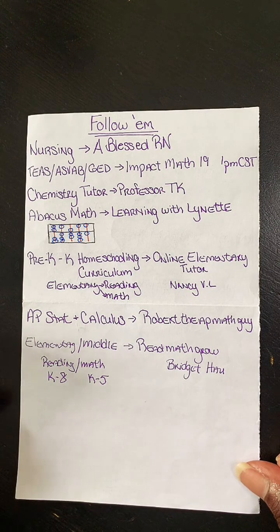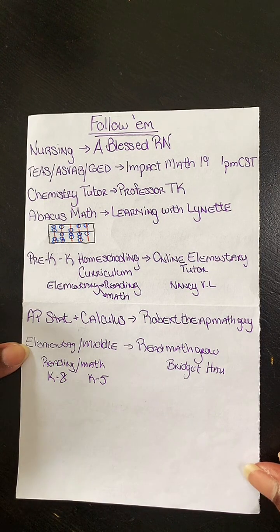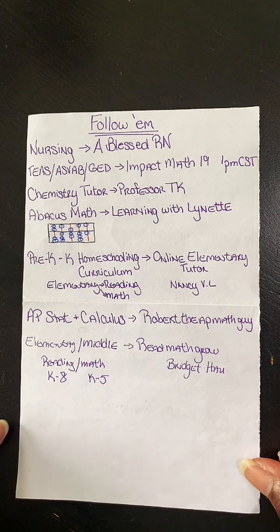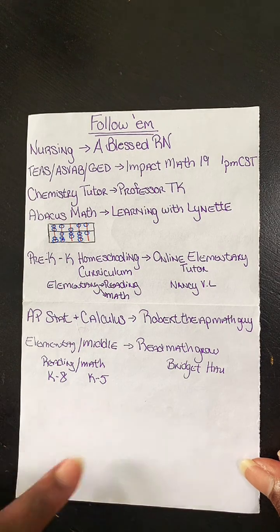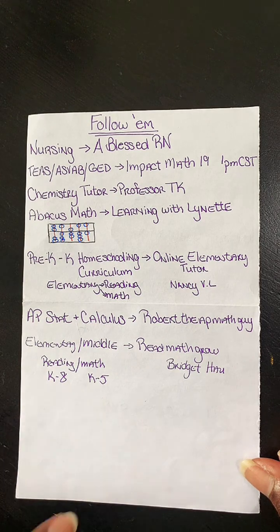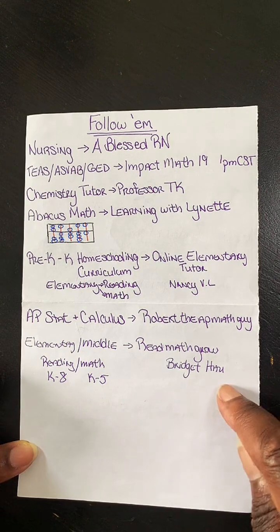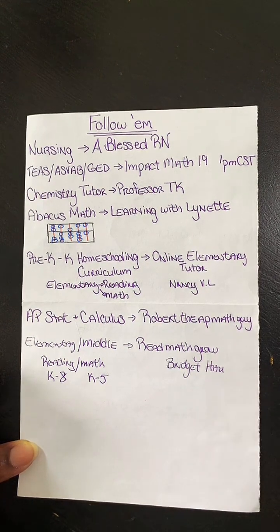Hey, Austin. And my other friend does elementary and middle school students who need help with reading and math. She does reading K through 8 and math K through 5th. She is Bridget Hauser. One of these days I'm going to write the whole thing down.